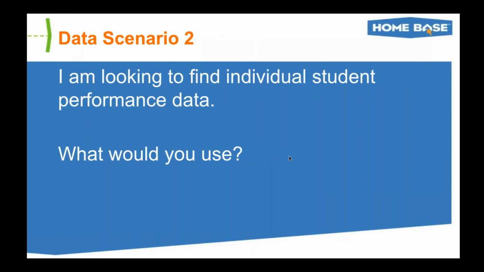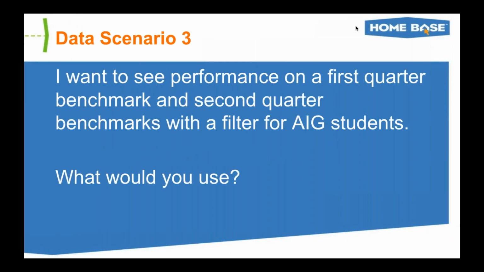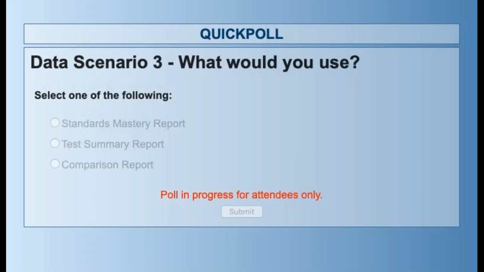We have one more, and that is I want to see performance on a first quarter benchmark and second quarter benchmarks with a filter for AIG students. What would you use? Don't think we've talked about that. So first quarter, third quarter, AIG kids. How could we find that?